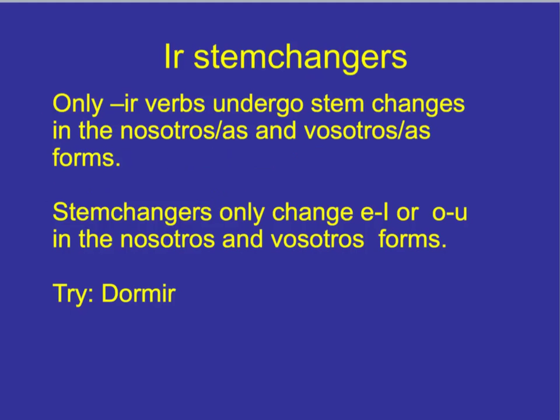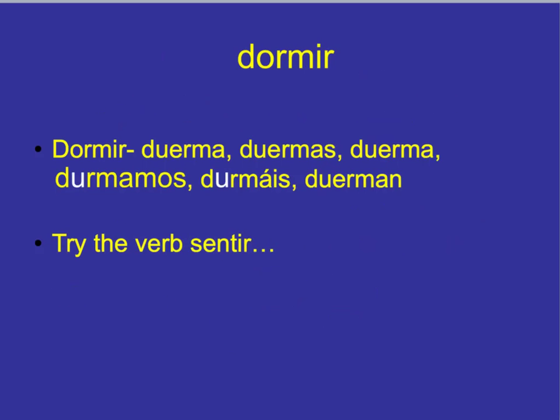IR stem changers undergo stem changes in the nosotros and the vosotros. So stem changers can only change E to I or O to U. Dormir is going to make a third stem change, basically. So the boot is going to change, and then up here in the nosotros and the vosotros, they're going to make either an E to I or an O to U change. If you look at dormir, we have duerma, duermas, duerma, and duerman.